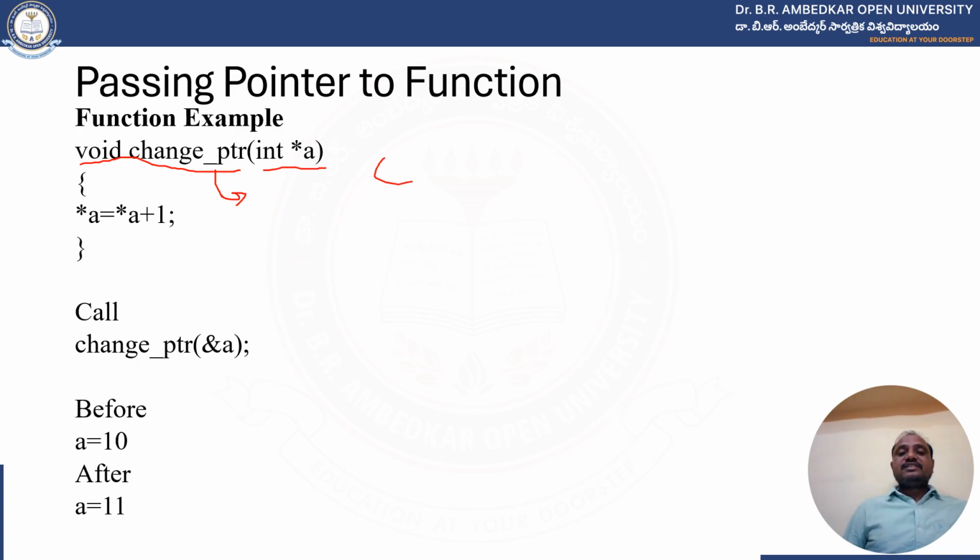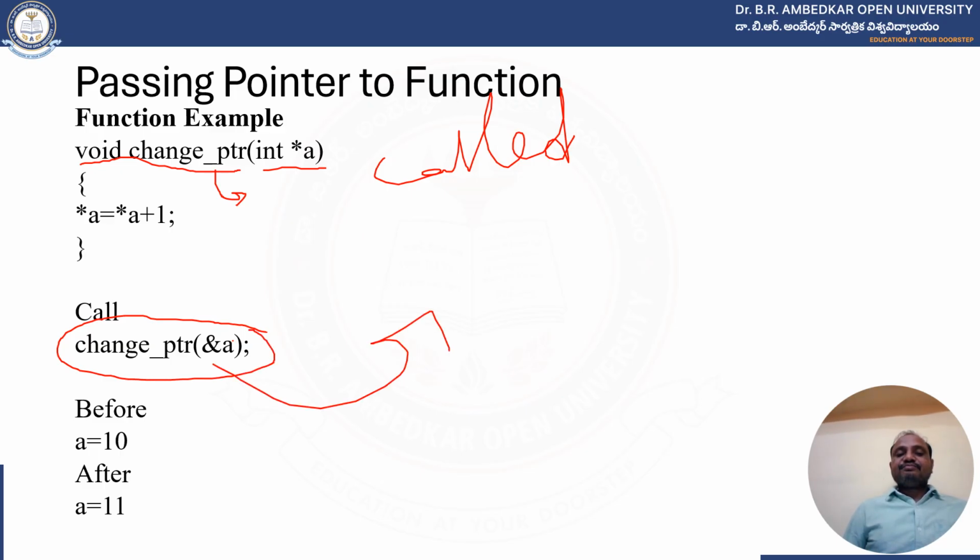Actually this is the called function for us, so whatever calculations and modifications are to be done happen in the called function. Coming to the calling side, this is the call: changeptr(&a).